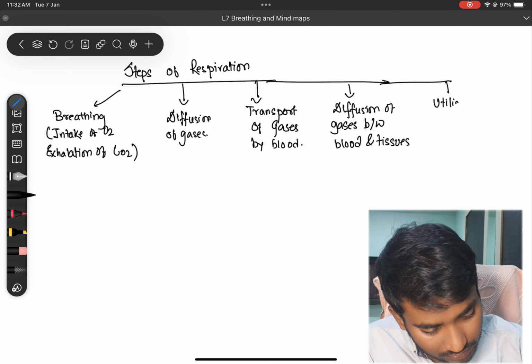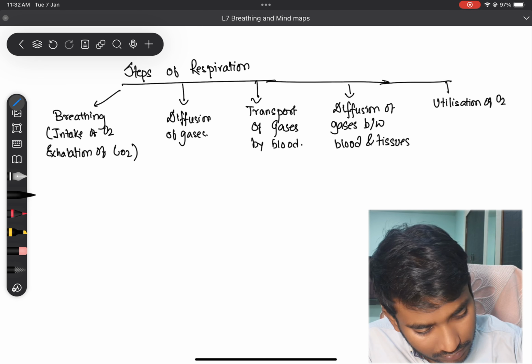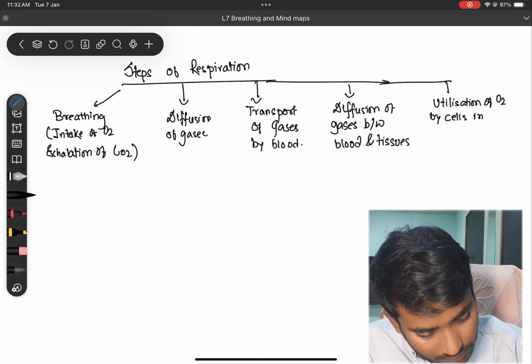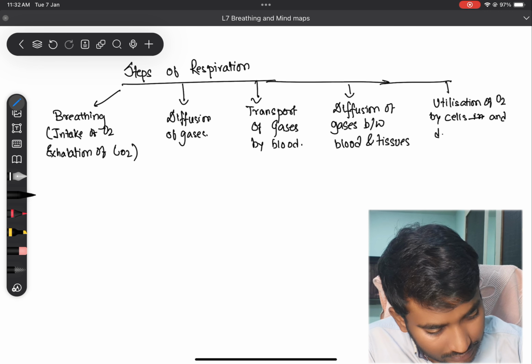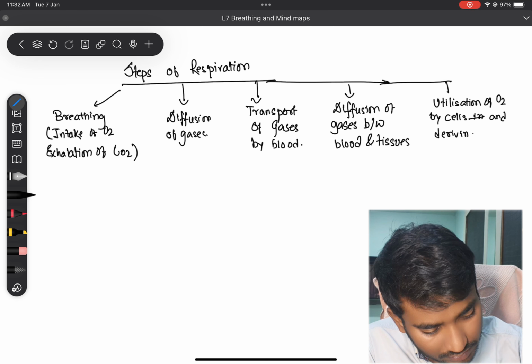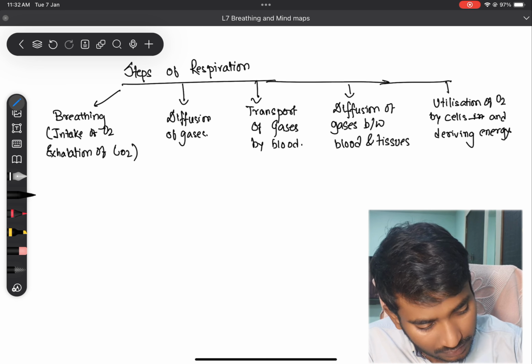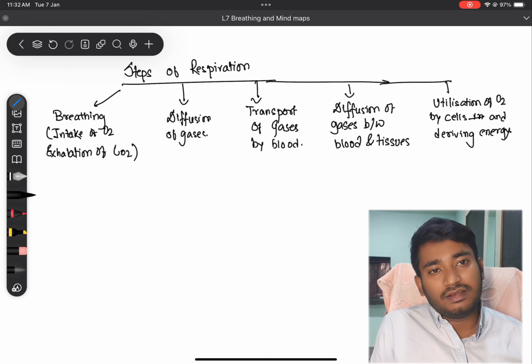Then utilization of oxygen by cells and deriving energy. Okay, these are the steps of respiration. These steps are followed by respiration.